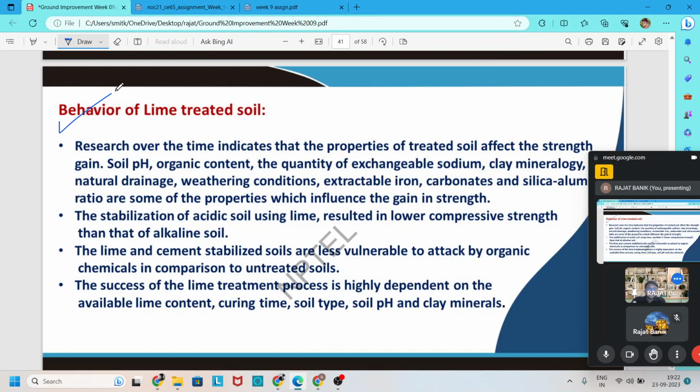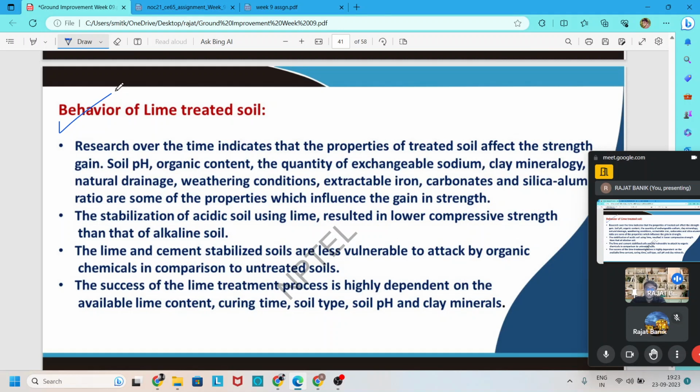Because of that, it does not reach its full compressive strength. But when we apply lime to alkali soil, there is no need to neutralize the soil first. It is already alkaline in nature, so the soil directly reacts with the lime. For this reason, we achieve our targeted compressive strength, which is more than in acidic soil.